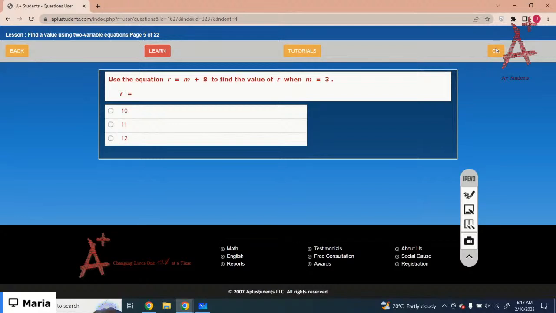So the correct option is 11. Got it? So just select the correct option and click on the OK button.